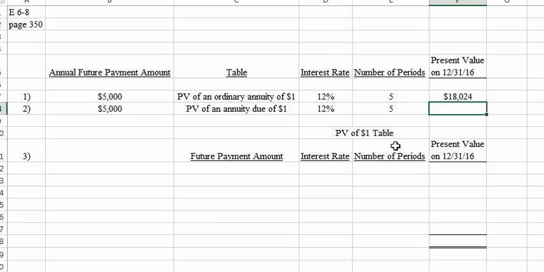We get 4.03735. And we're going to multiply by the $5,000. Okay, so that $25,000 to be received, $5,000 today, and then $5,000 every year for the next 4 years afterwards, would only be worth $20,187 in today's dollars.